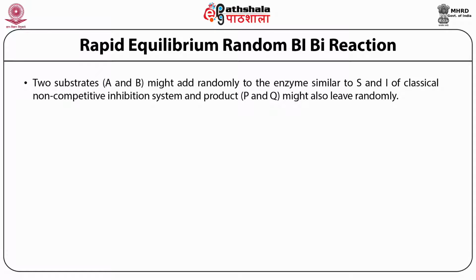You can compare it with the binding of a non-competitive inhibitor, where the substrate can bind first, or the inhibitor can bind first. Similarly, here either substrate A or substrate B can bind to the enzyme first.